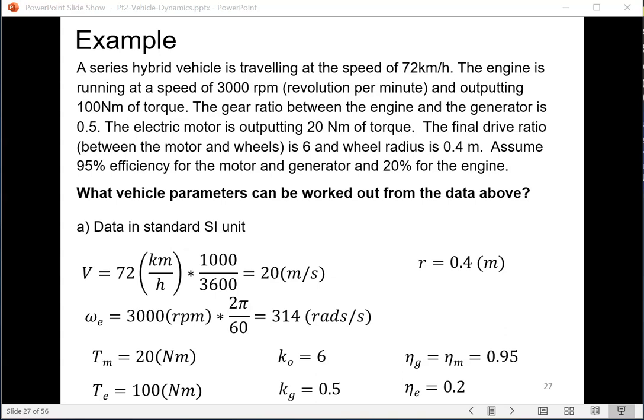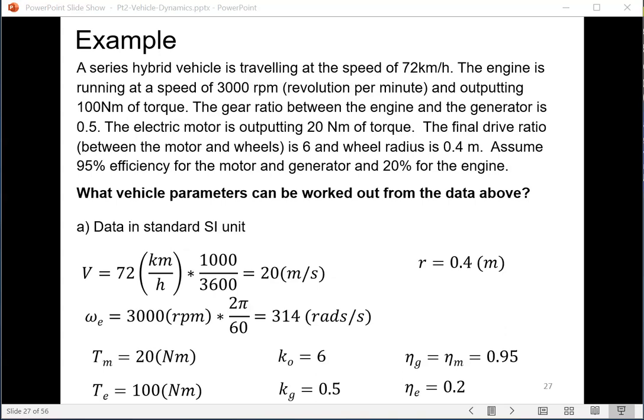So the vehicle speed is 72 km per hour, but our standard SI unit is meters per second. The conversion is quite simple. Just in case you got a bit rusty with unit conversions, kilometer to meter is in the numerator, so 1 kilometer equals 1,000 meters.